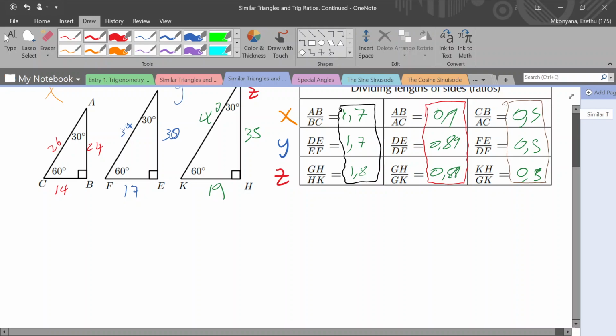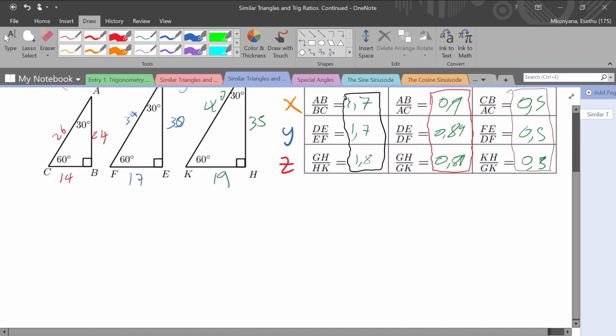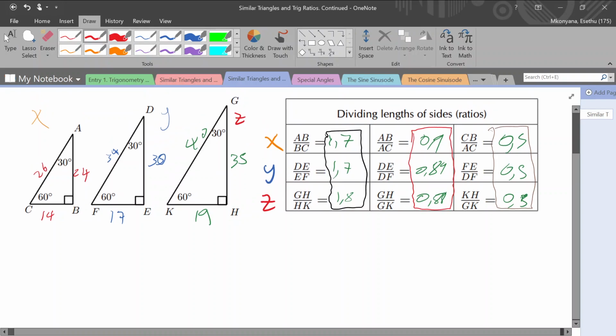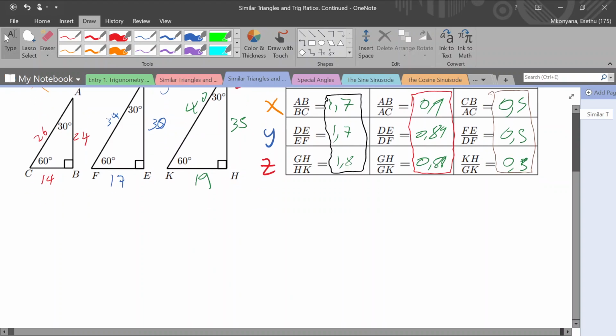So now we're seeing something here, because I want you to look at something: this DE over EF, this AB over BC, and this GH over HK are dependent on something.